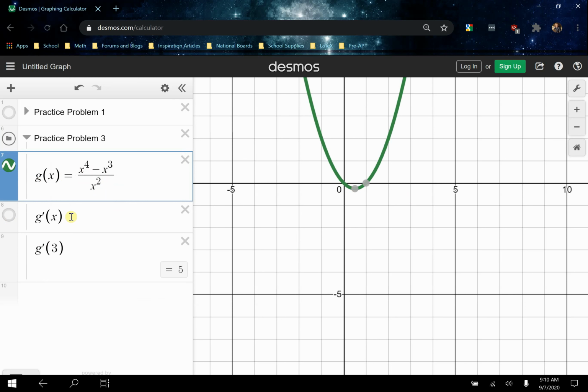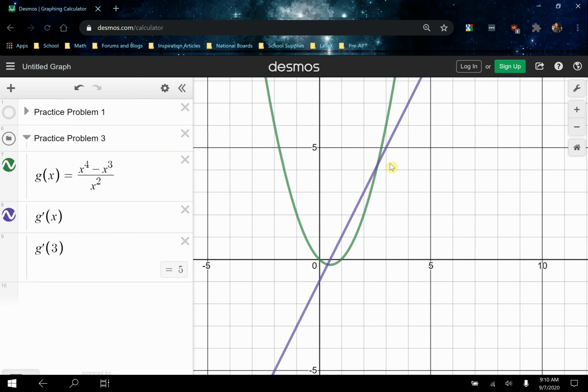If you type in g prime of x, Desmos is not a CAS calculator. It's not going to tell you the equation. It does give you the graph of the equation. You can see that this is a linear graph. Remember, wasn't our g prime of x 2x minus 1? It starts at -1 right here, and then goes up 2 over 1, up 2 over 1. It does match up with this, so you could check the graph type if you wanted, but g prime of x isn't going to help us too much.